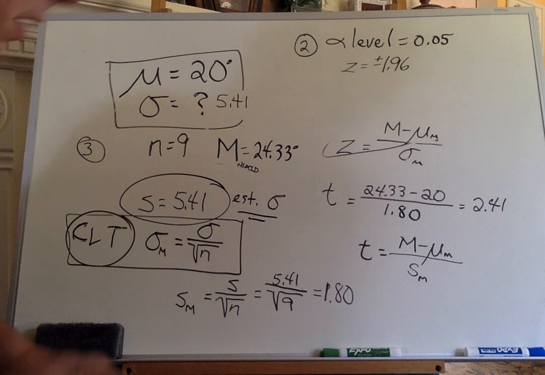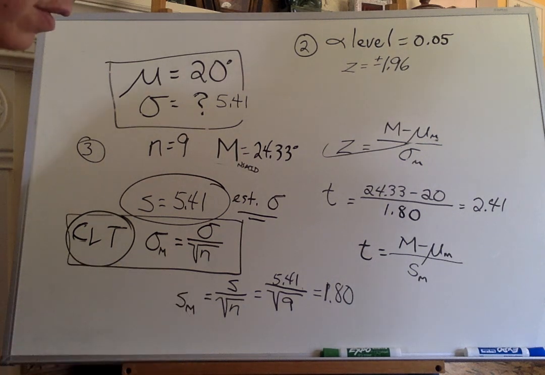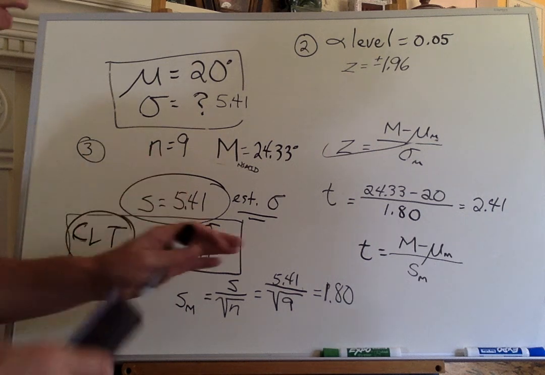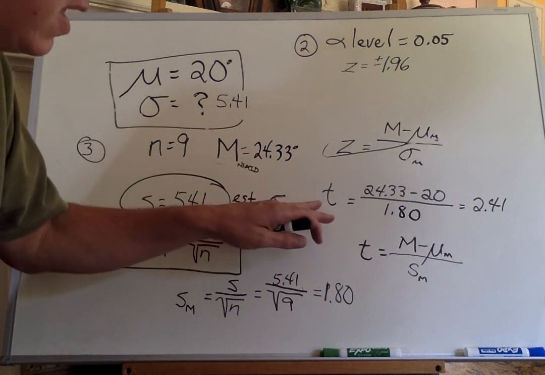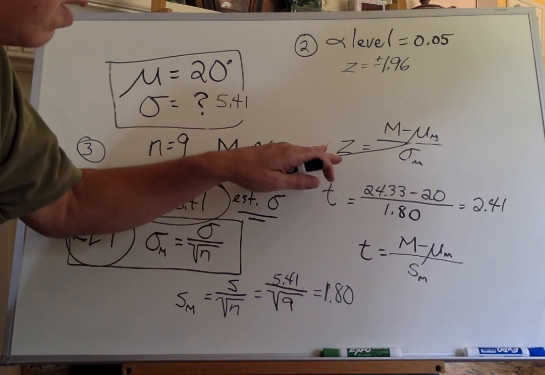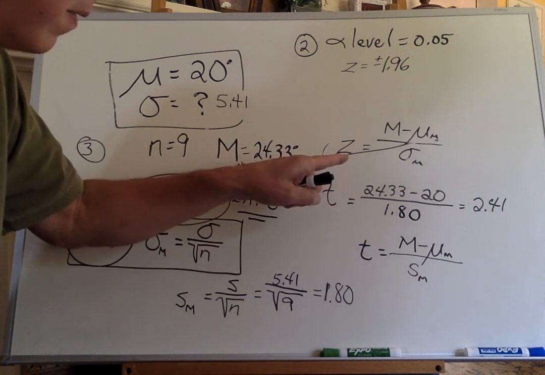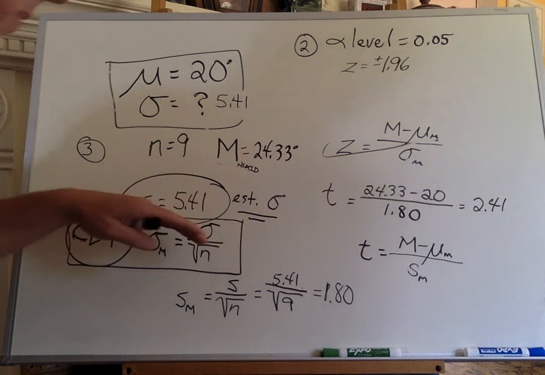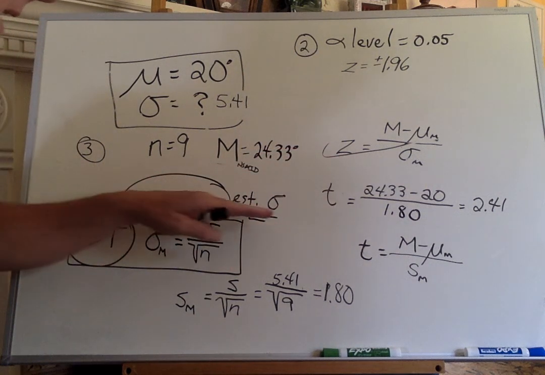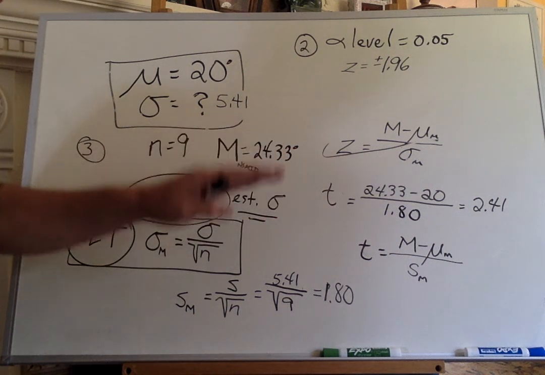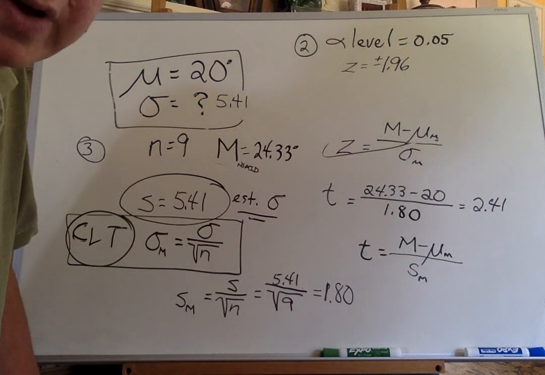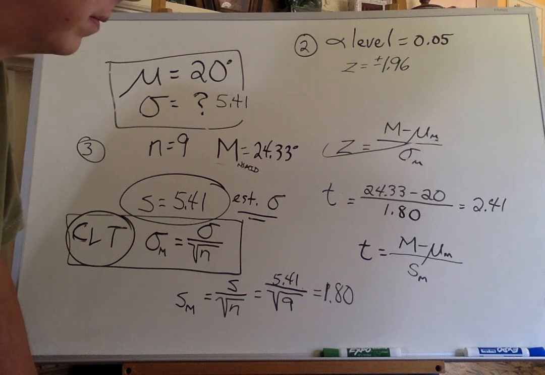Okay? Now, so this is step 3. We've done our analysis. The t-test is the z-test when you estimate for sigma. Okay? Same formula, different symbols. It's based on the fact that we first needed to get an estimate for sigma, then turn that into standard error, and then do our value. Okay?